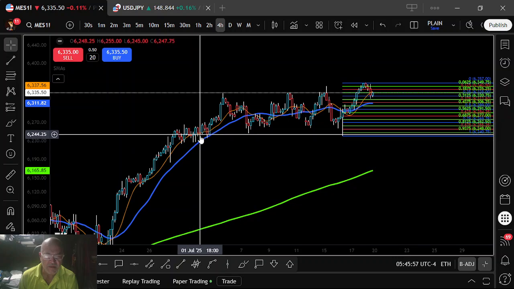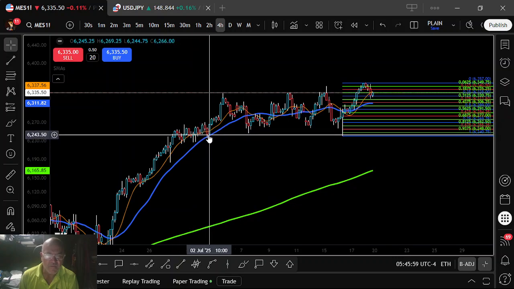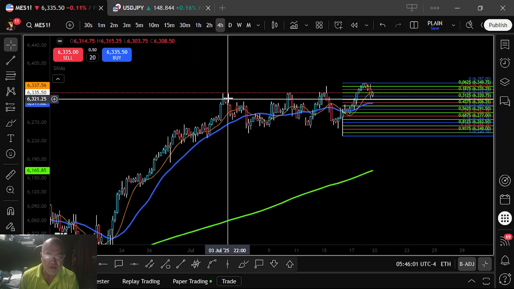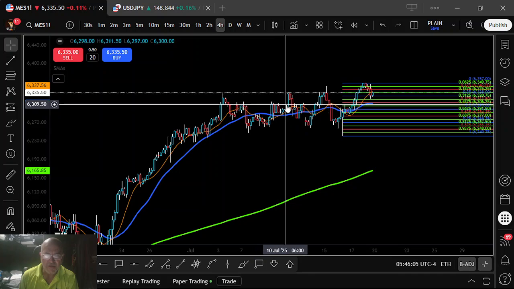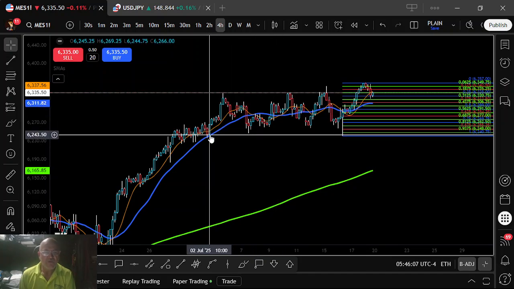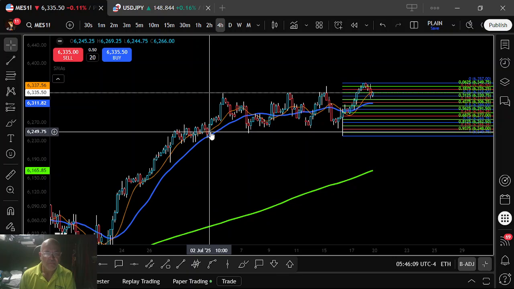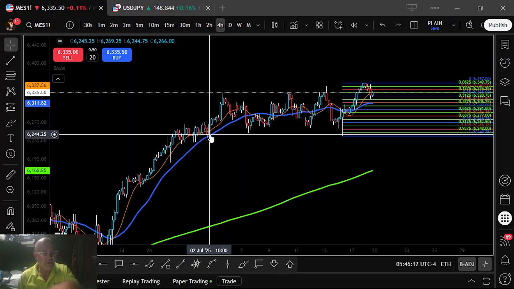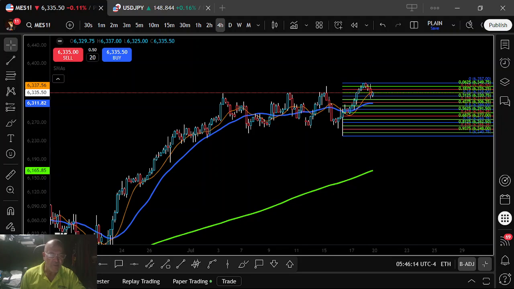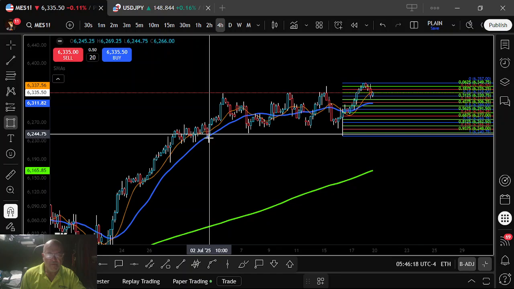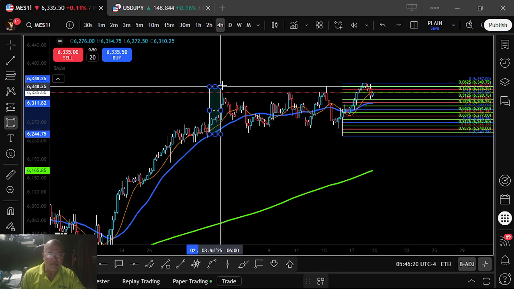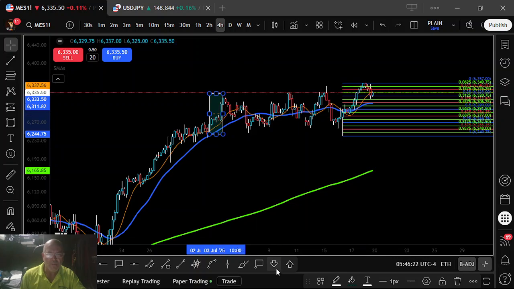We had some consolidation right in here, and then we had the beginning push up to this high that then started consolidating. Okay. So I want to use this candle and draw my range box. There we go. And I want to take it up to the high before we had the pullback.